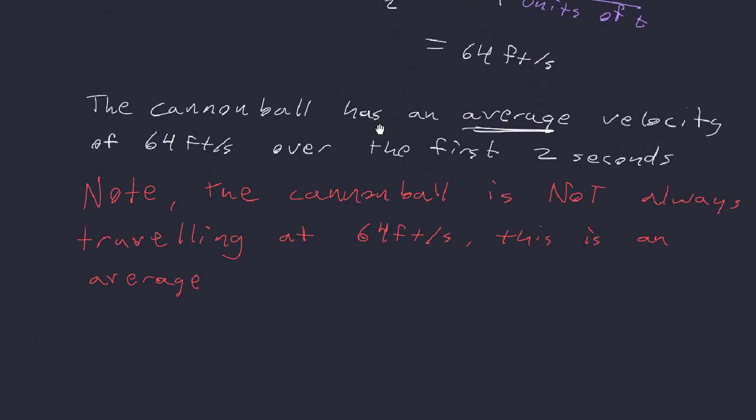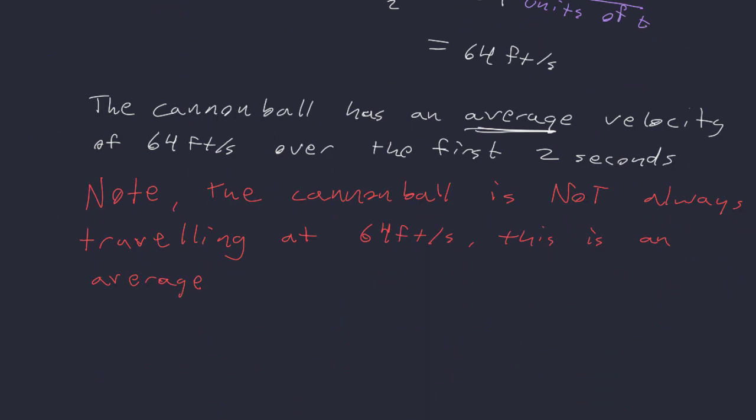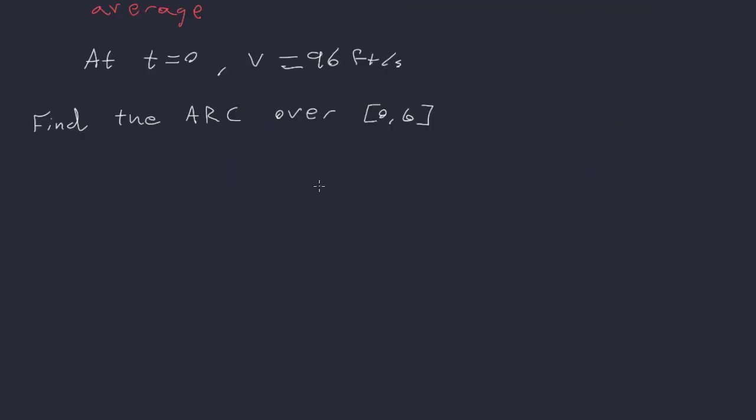So at t equals 0, v is 96 feet per second. So that's what I mean when I say this is an average. It's just telling us what's happening on the macro scale over this time period.